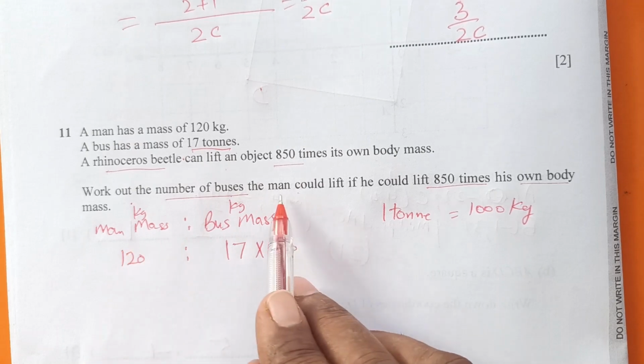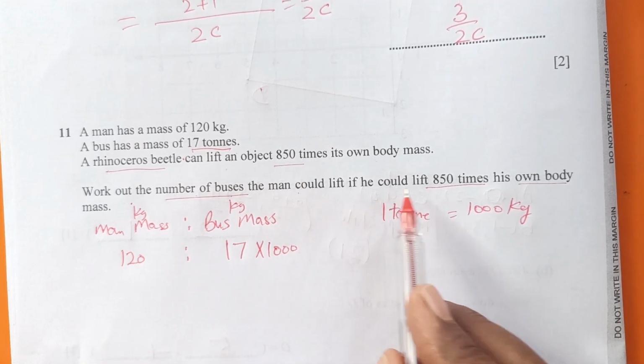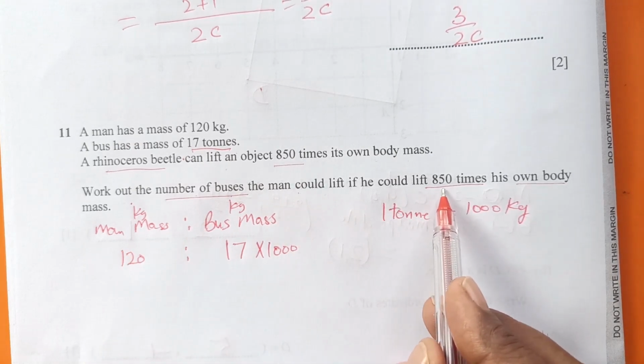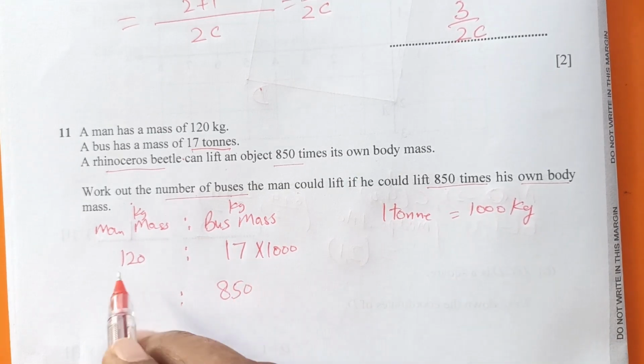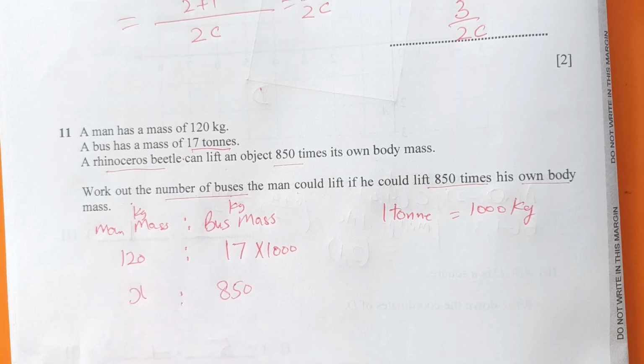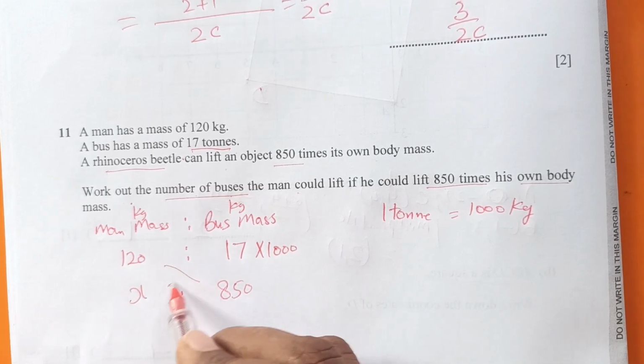So now work out the number of buses a man can lift if he could lift 850 times his own weight. So 850 times he can pick up. So his own mass we can find out. So just cross multiply.